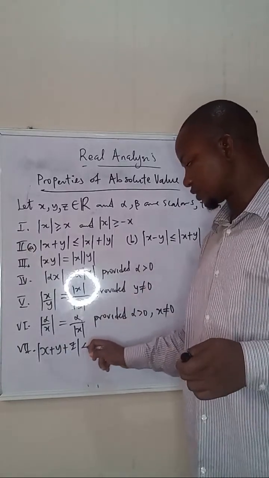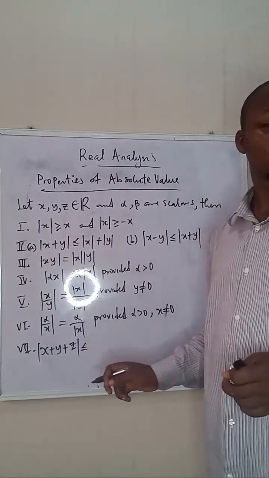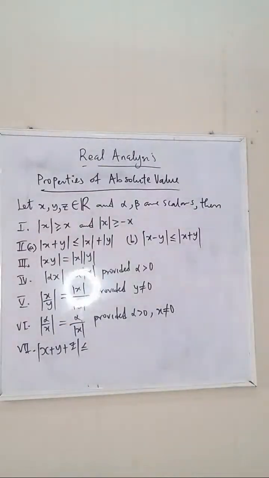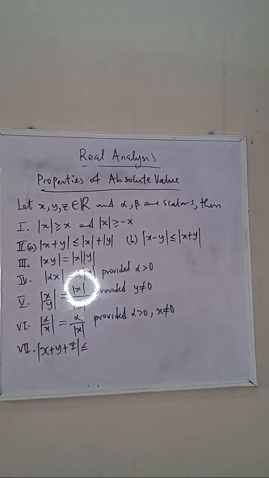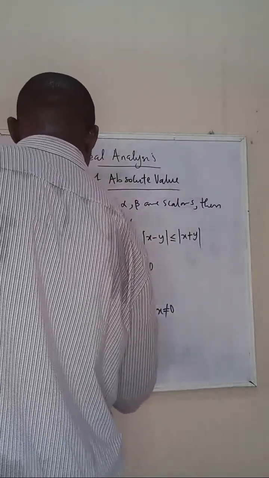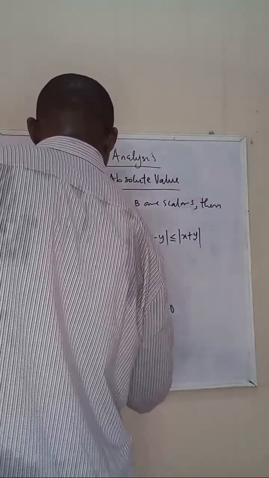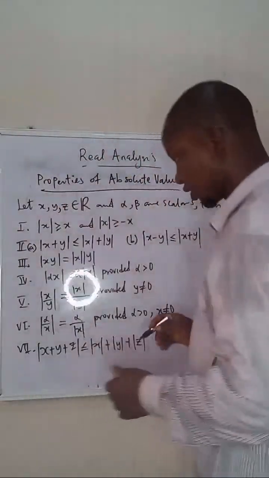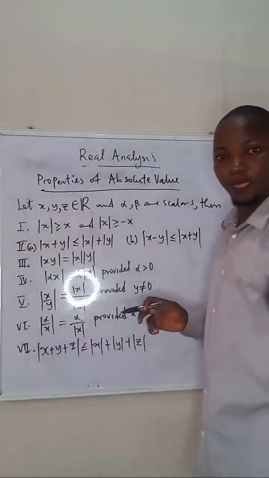This is less or equal to this, so this is coming from the virtue of 2.